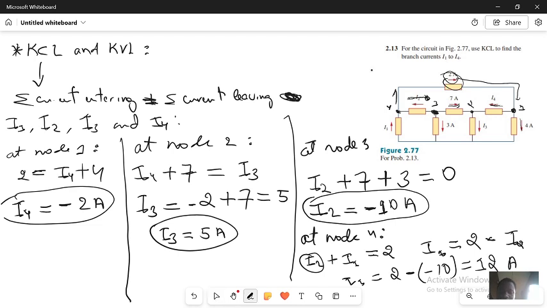That means the value of I1 is 12 ampere. Let's see. I have a value of I1, which is 12 ampere entering. This 12 ampere will separate into this 10 and this 2. We already explained that the negative means the direction is supposed to be this direction. The 12 that's here, 10 will be in this direction, then 2 will be in this direction.